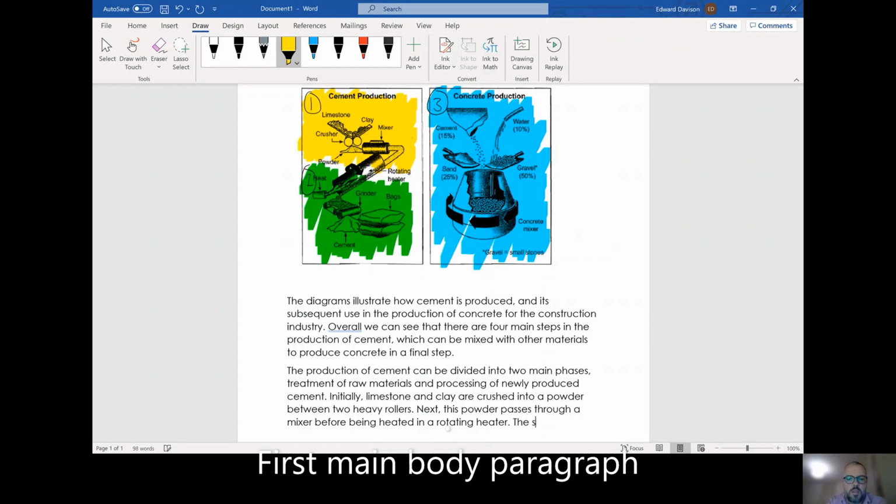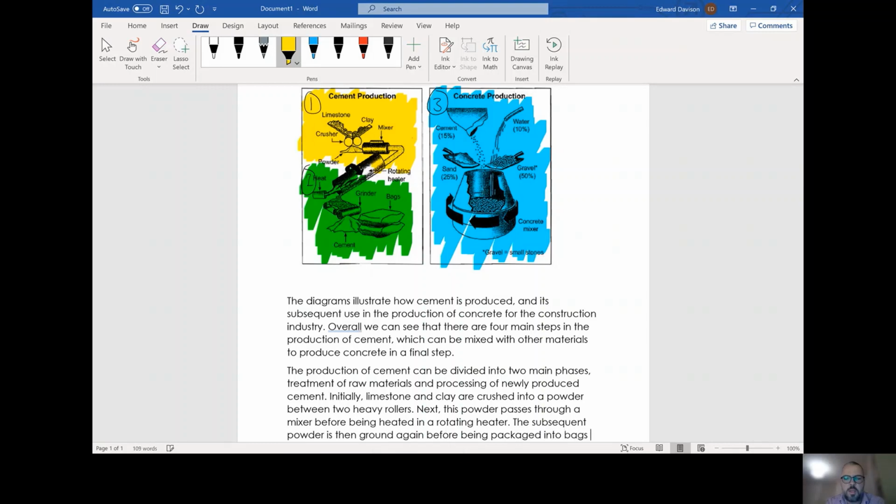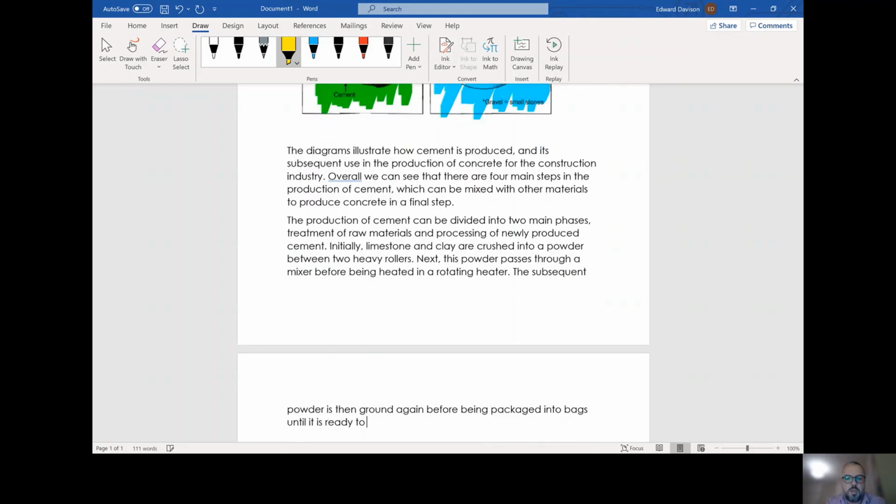The subsequent powder is then ground again before being packaged into bags where it can be stored until it is ready to use.